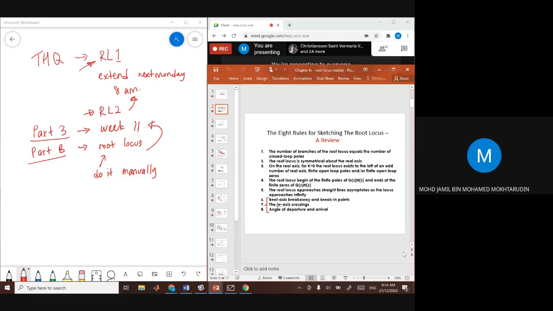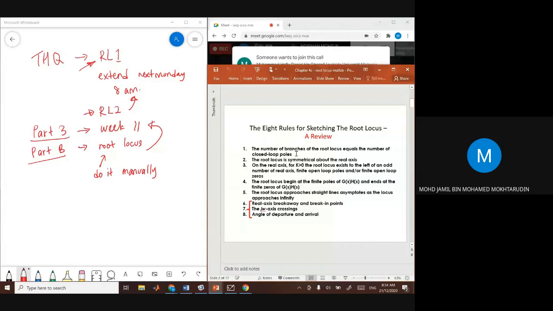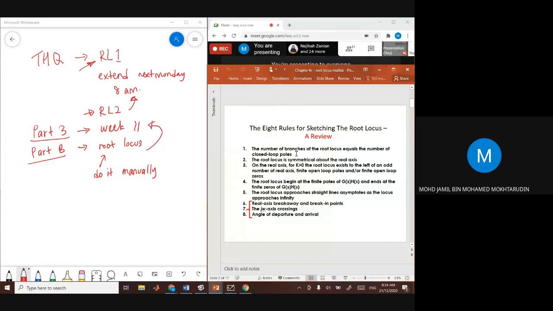Okay, so a little bit of overview about root locus. You have 8 rules in order to sketch the root locus. The first rule is you need to first determine the poles and zeros of the transfer function. Either closed loop transfer function or open loop transfer function, depending on what is the type of feedback.